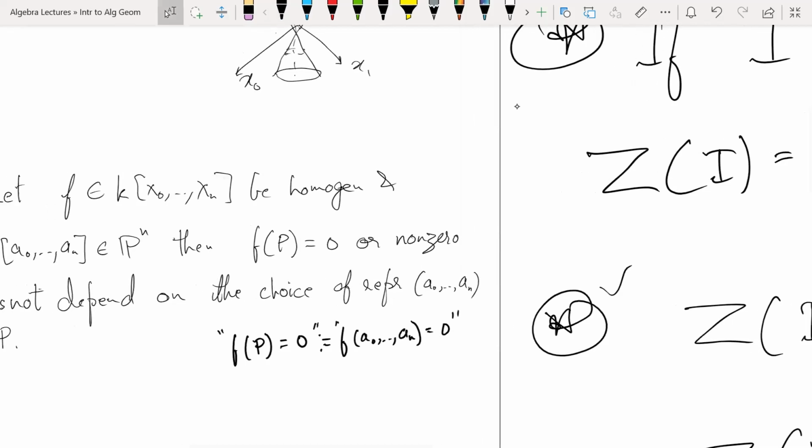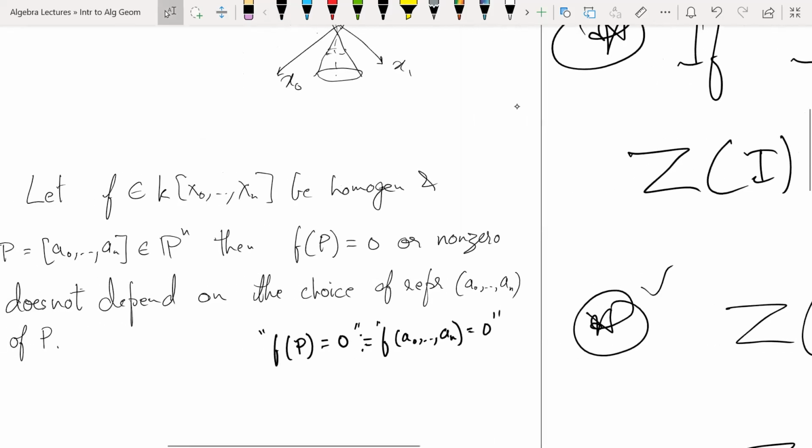So we are just taking some representative of the point P. If you're thinking in terms of equivalence classes, P is basically a line in K^(n+1).